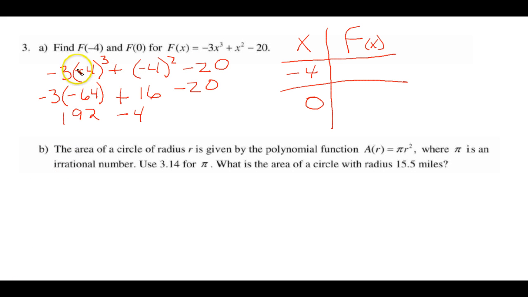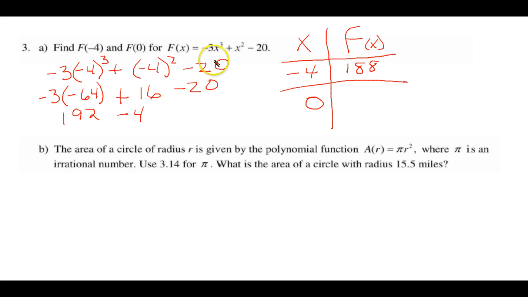Now, when we take a negative 4 and raise it to the third power, the sign of that answer will be a negative. Odd number of negatives gives you a negative 64. A negative times a negative makes it a positive. Squaring a negative gives you a positive 16. Now I'm just combining these two to get a negative 4, and then adding it to this. That's going to give me a 188.